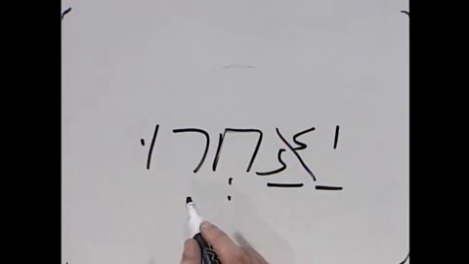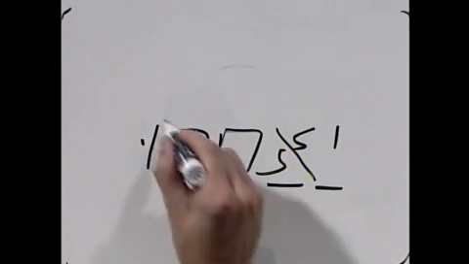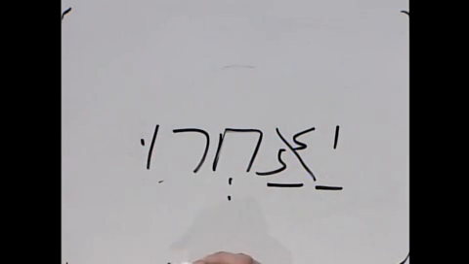Here what we have is a form that has one of these vocalic endings, and it's not in pause. It's a non-pausal form. And when you have these non-pausal forms with a vocalic ending, instead of getting the segols that you would expect with an R1 aleph, instead you get the patachs, as you see here. And so that is the situation.